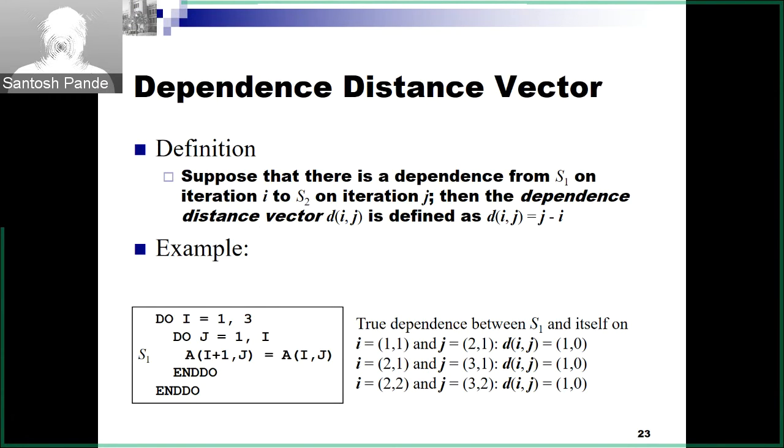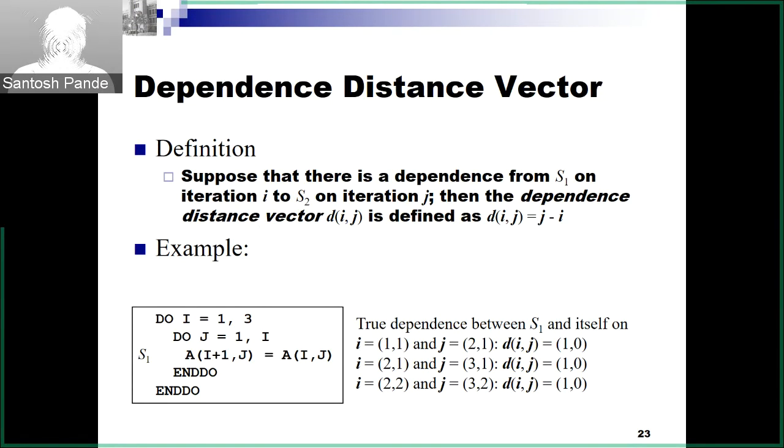So looking at this simple example on the left hand lower side, a of I plus 1, j and a of i, j. If we analyze the dependencies here, you can see that if I is equal to 1 and j is equal to 1, then for the 1, 1 iteration vector, the corresponding vector on the read side will be 2, 1.